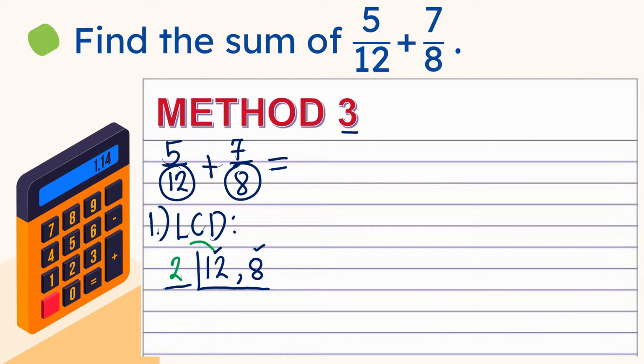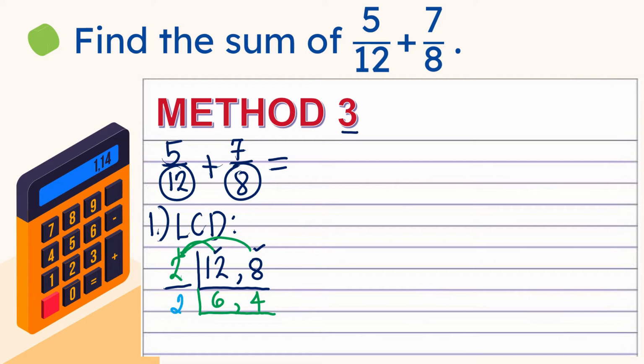What is 12 divided by 2? The answer is 6. Comma, and then 8 divided by 2. Correct. The answer is 4. Now, you will see here na hindi pa tayo tapos kasi 6 and 4 is still divisible by 2.